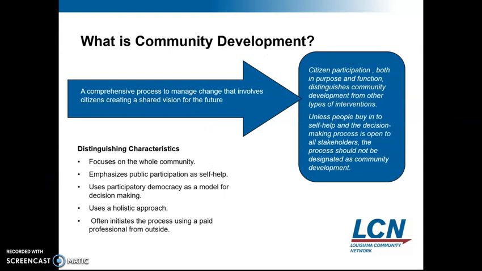What is community development? A comprehensive process to manage change that involves citizens creating a shared vision for the future.